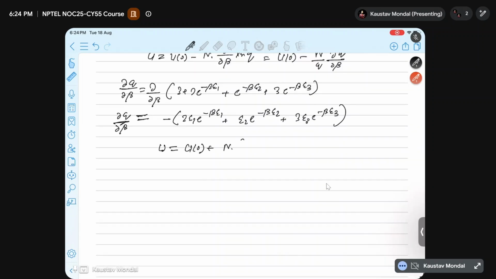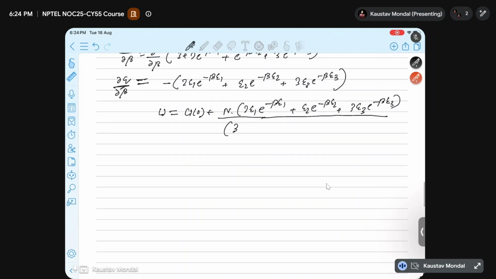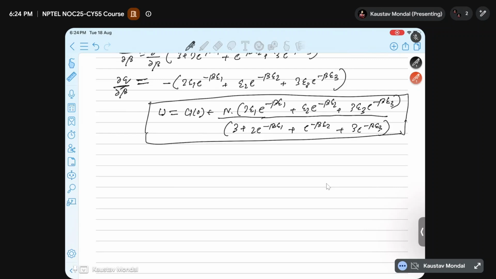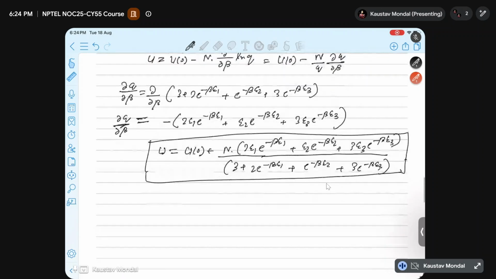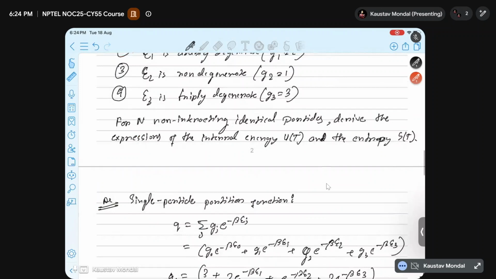So U equals U0 plus n times 2 epsilon 1 e^(-beta E1) plus epsilon 2 e^(-beta E2) plus 3 epsilon 3 e^(-beta E3), divided by q, where q is the whole thing: 3 plus 2 e^(-beta E1) plus e^(-beta E2) plus 3 e^(-beta E3). This is the expression of the total internal energy of the system.